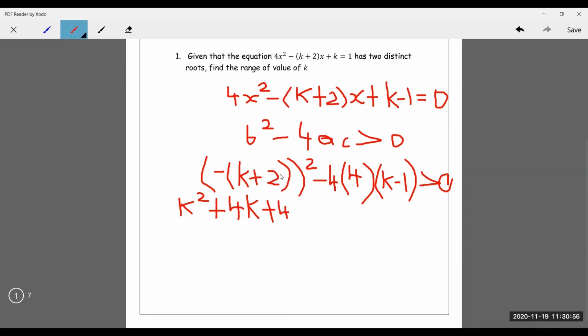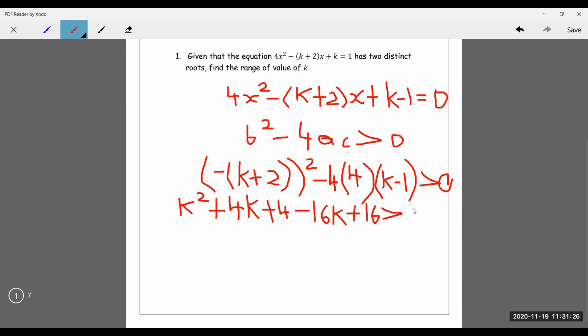Anytime you square a negative number, you're going to get a positive result, so I can ignore this negative. Then I have minus 4 times 4, which is 16, and 16 times k is minus 16k. And then I have minus 16 times negative 1, that's plus 16, and that is greater than 0.